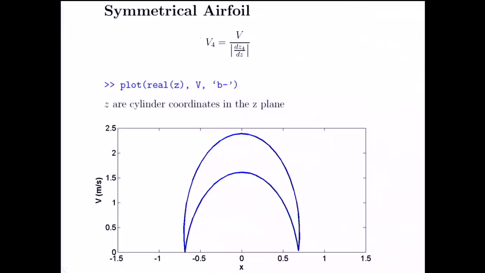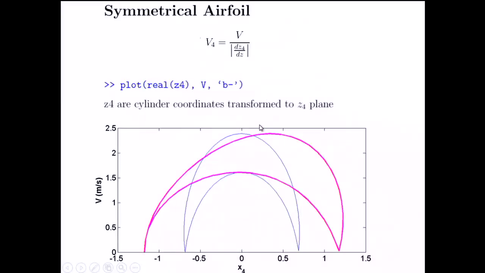This is just an example of how it looks like in the MATLAB code. I'm plotting all these different terms with regard to x. It's just like projecting everything on the real plane. So I'm plotting the velocity in the original plane now with the circulation, of course, and this is how it looks like.